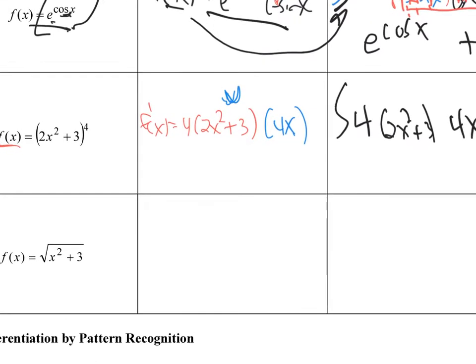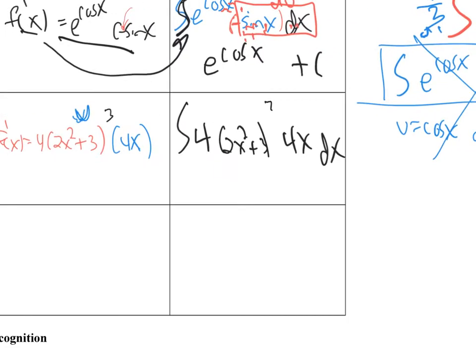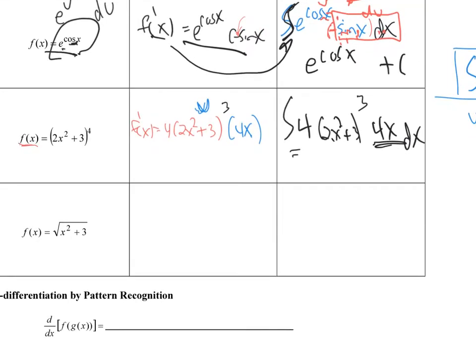Where'd my exponent go? Forgot to write it. 3. Because everything is there that I need, my du is there, it's not a surprise that the answer comes back to the original problem, which was 2x plus 2x squared.